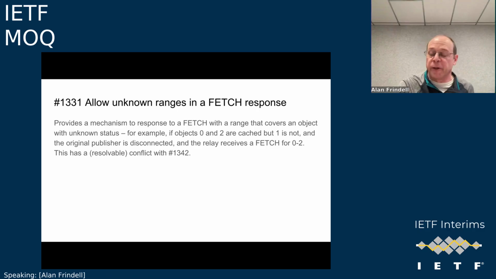So I might get an unknown, or unknown publisher not available. But then the client may decide to retry a fetch for objects it didn't get, and those might succeed because the publisher came back and is able to serve them. Or the publisher came back and says, by the way, I crashed and that object now does not exist. So I think both transitions from unknown would be valid. Yeah, I'm trying not to break the semantics of fetch. I think that should be fine. I think so. That's the reason why Victor's PR should land first, to understand how this interacts with that PR.